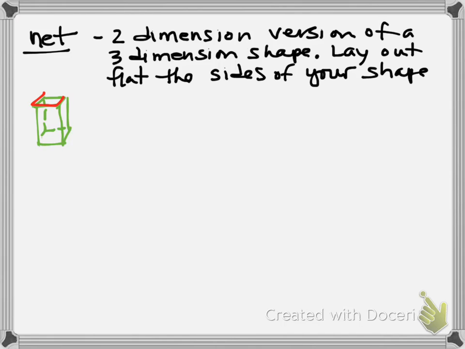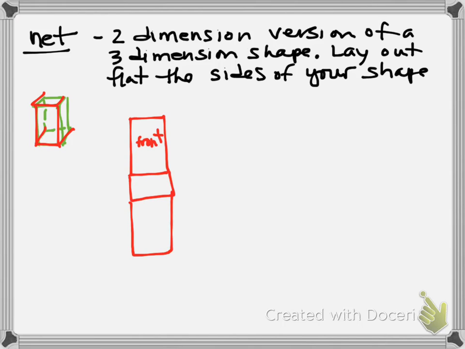I would then probably cut here and here, and then I would probably have to cut around those 3 surfaces. So when I did that and I laid it out flat, you've got a front, you've got a back, so here's your front, here's your back.